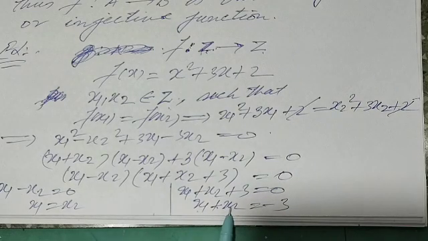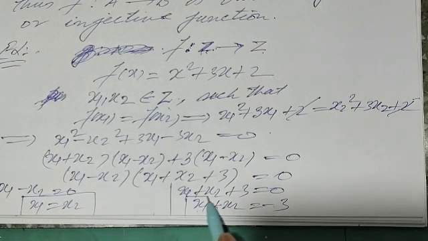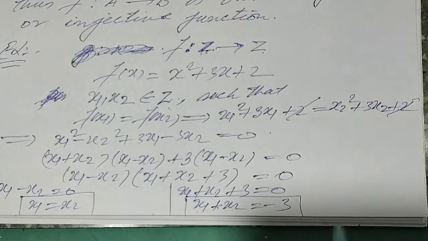So the sum of two integers may be negative. So this result, which was invalid in the case of the set of natural numbers as domain, is valid in the case of the set of integers as domain. So we have two valid results: x1 is equal to x2 or x1 plus x2 is equal to minus 3.